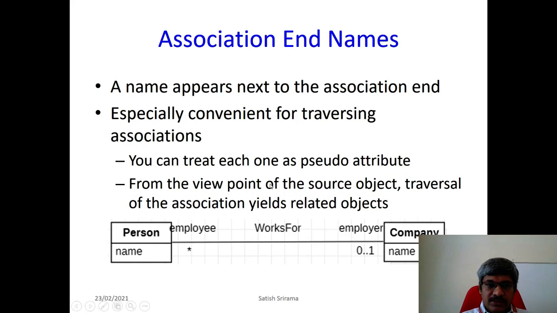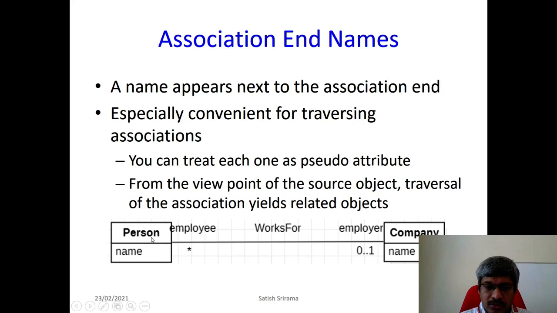These associations may also have end names. If you put those names, the name appears next to the association end. This is especially convenient for traversing associations. Again going by our example, a person works for a company. Many persons can work for a company, and if a person is working at all, he is working for only one company. This is the association which we are defining.